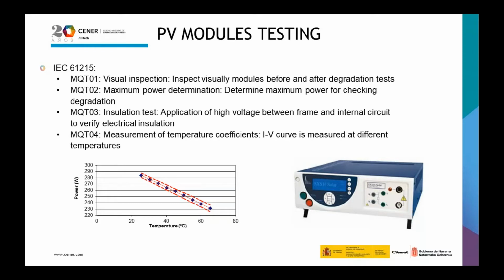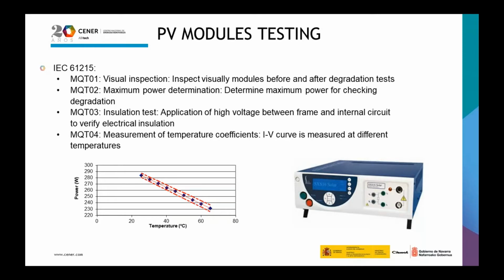Then we have the insulation test under dry conditions to determine whether the module is sufficiently well insulated between live parts and accessible parts. A high voltage is applied between the frame and the internal circuit of the module to verify the insulation resistance is high enough.